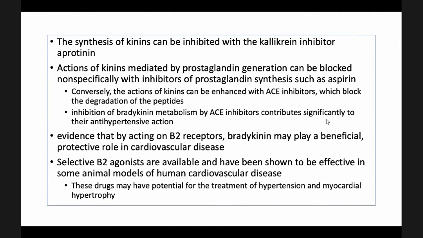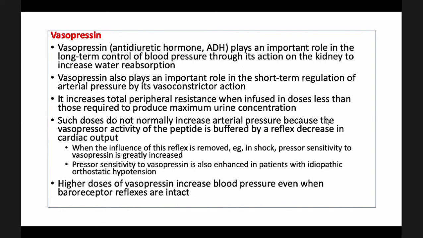Selective B2 antagonists, or agonists, are available, and they have been shown to be effective in some animal models of human cardiovascular disease. So these drugs have potential for the treatment of hypertension and myocardial hypertrophy. Now, vasopressin is an antidiuretic hormone, and it plays an important role in long-term control of blood pressure through its action on the kidney to increase water reabsorption.